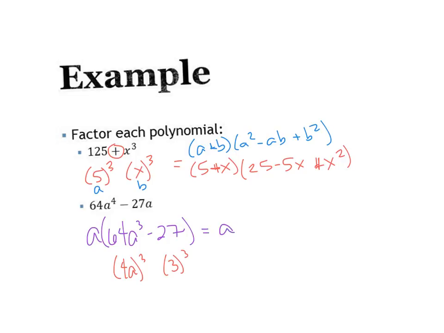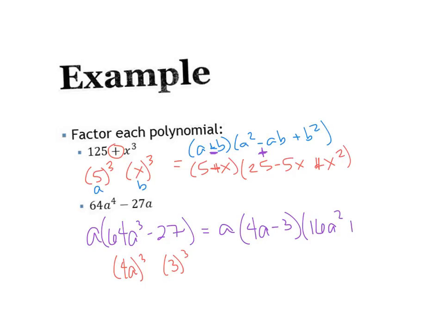So the a is going to stay out front. In the difference of cubes, this changes to a minus and this changes to a plus. So a minus b is going to be 4a minus 3. a squared is 16a squared. Make sure you're thinking about where I'm getting these here.